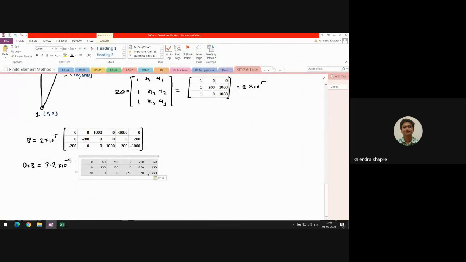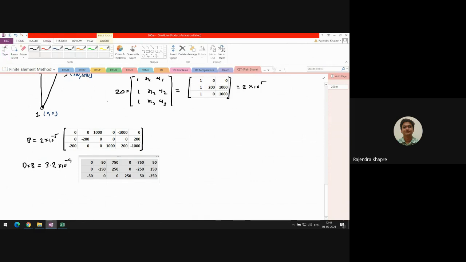I'm increasing the font now so that you can see. This is the multiplication of your D matrix and your B matrix.